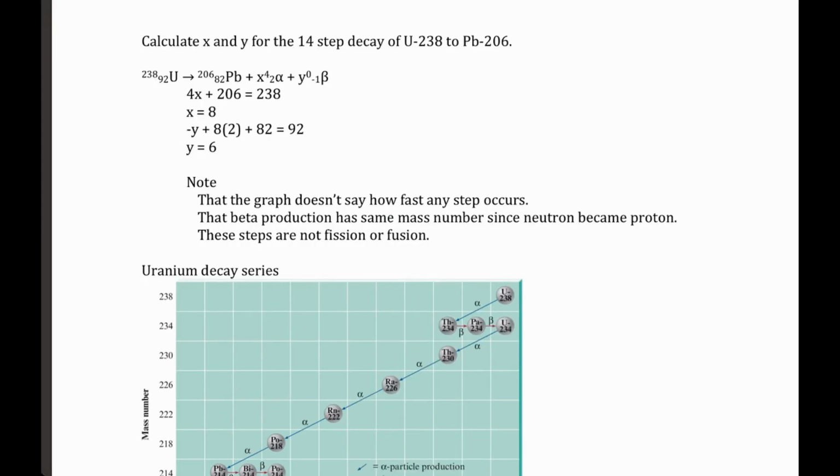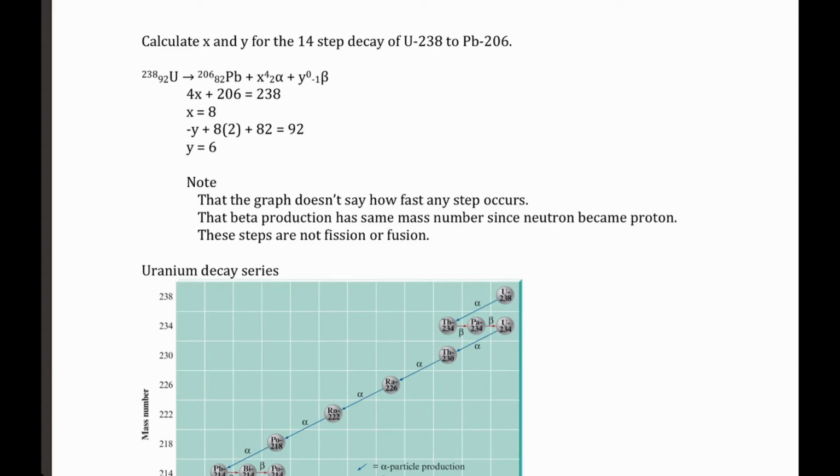Then we would write out the reaction as I've done there. We have as unknowns x, the number of alpha particles produced, and y, the number of beta particles produced. By balancing, we can determine the value of x and the value of y. The way I did it was to realize that 238 equals 206 plus 4x plus 0y, or 4x plus 206 equals 238.